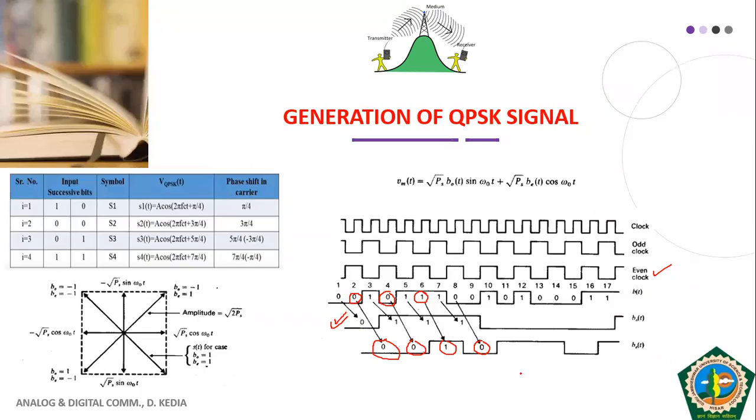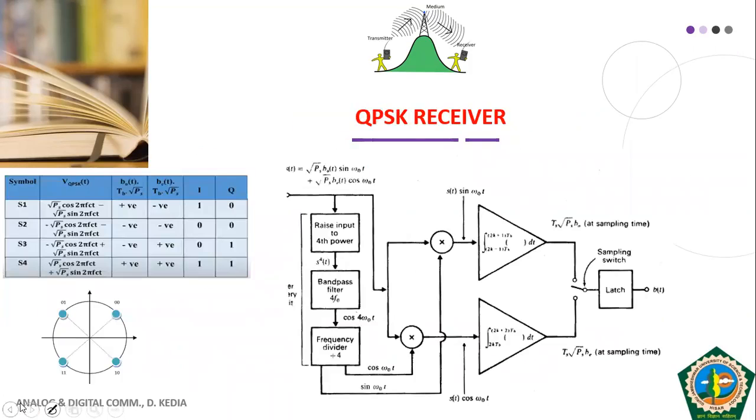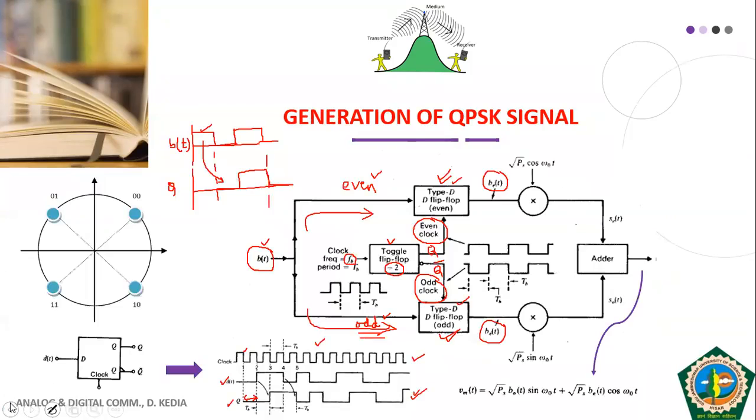Once we have separated out those even and odd numbered bits, these bits will then be multiplied with the quadrature carriers. The even numbered bits will be passed through a balanced modulator, or a multiplier, having carrier root Ps cosine of omega naught t.